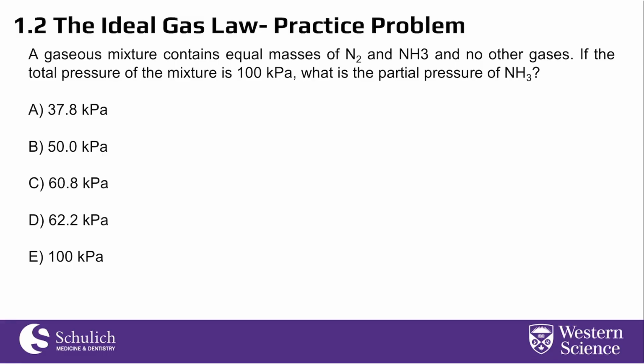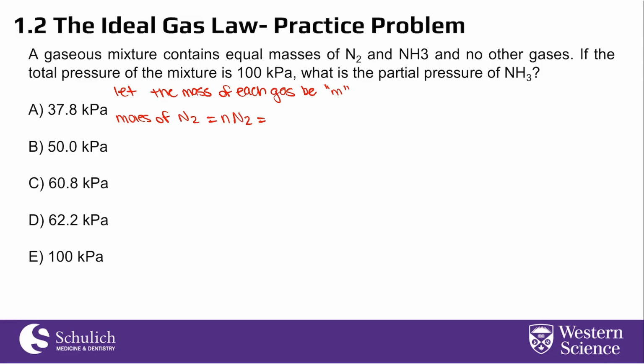And so we're going to let the mass of each gas be M. And so the moles of N2, we're going to call that n N2. That's how we're going to label it.